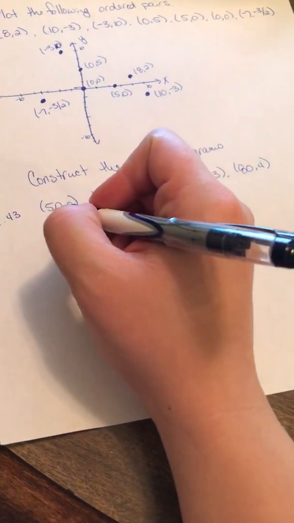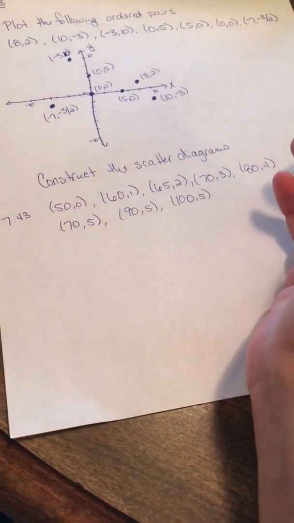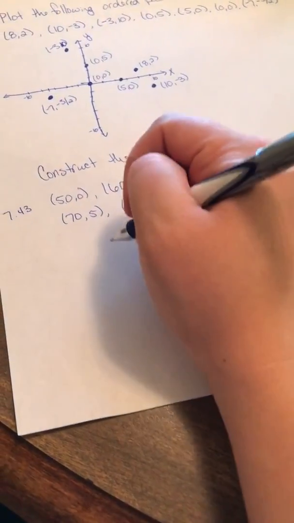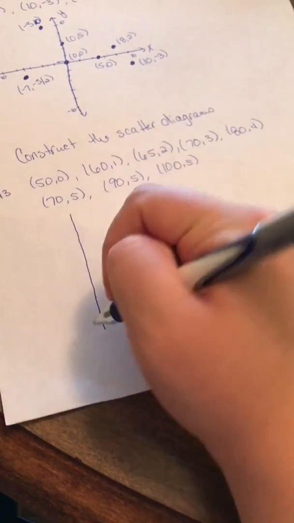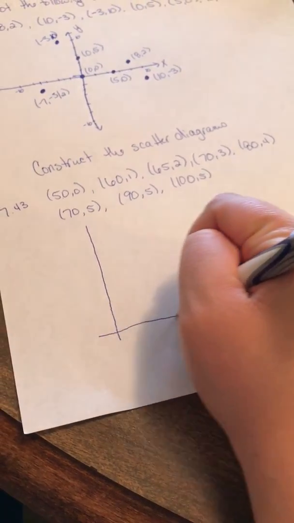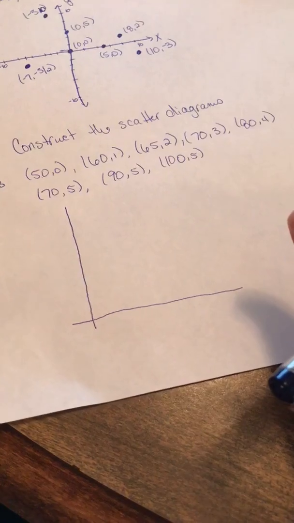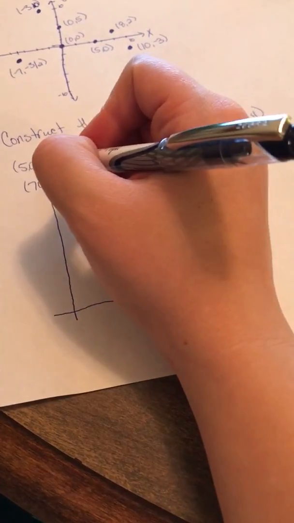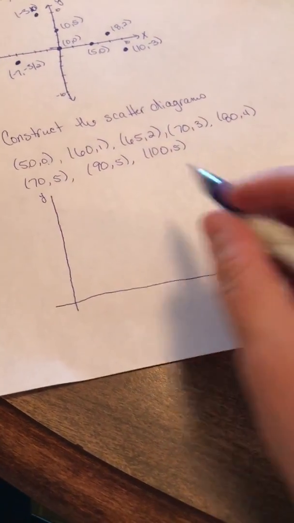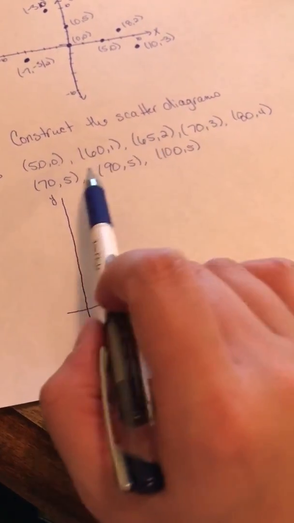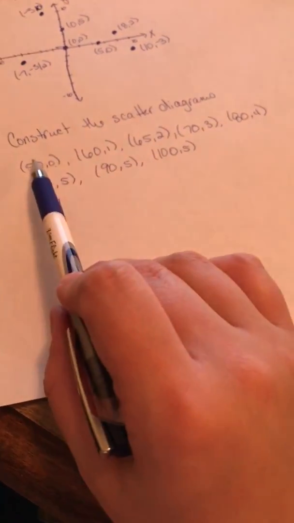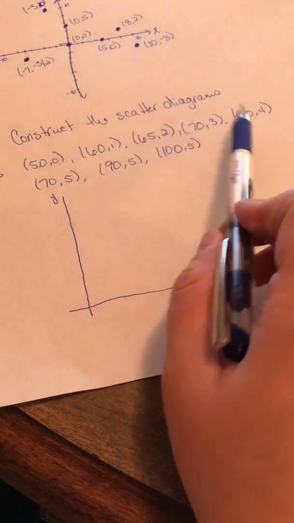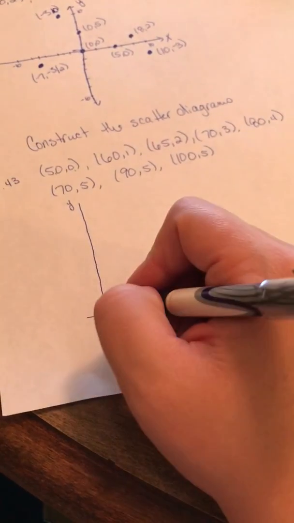So to plot this, generally for scatter plots, most of the time you only need the first quadrant because when you're doing those, you're only talking about positive things. So I usually just draw the first quadrant. So this is y and this is x. And then we go up to 100 for x. If you wanted to tick it off, you can. You've got 50, 60, 65, 70, 80, 90, 100, so you could tick it off by 10.